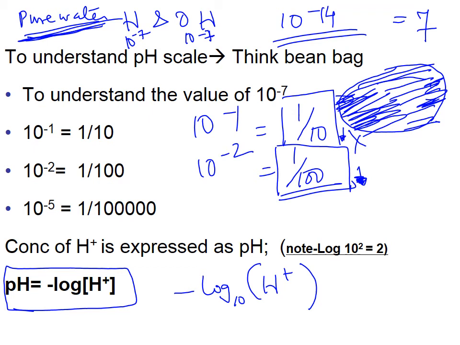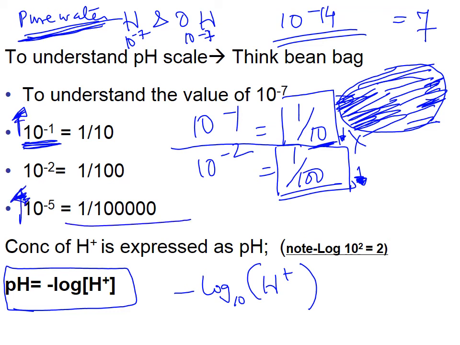So though your denominator has a lesser number written, it is still of more value, higher concentration. What I am trying to get my students to understand is that 10 raised to minus 1 is definitely higher in concentration as compared to 10 raised to minus 5.